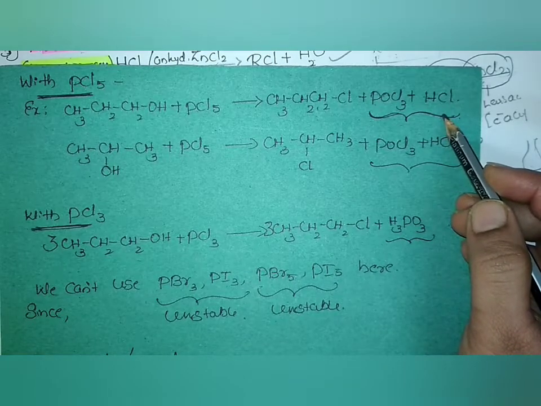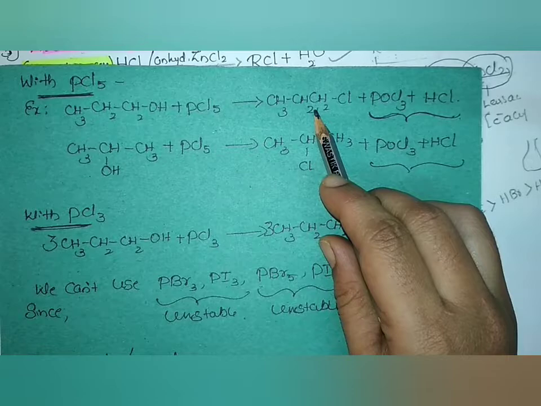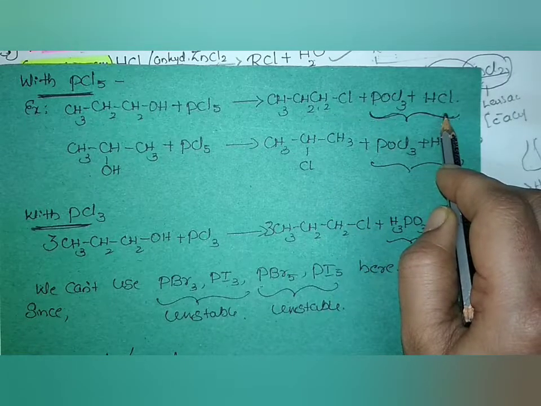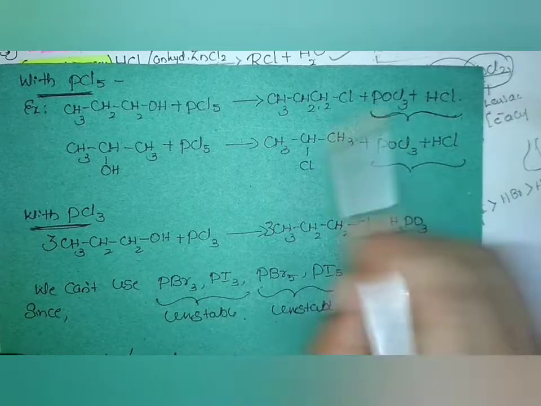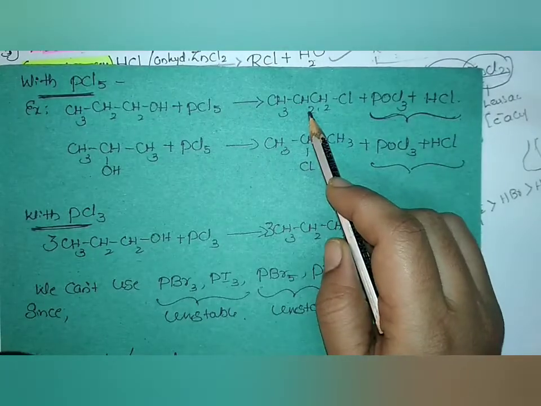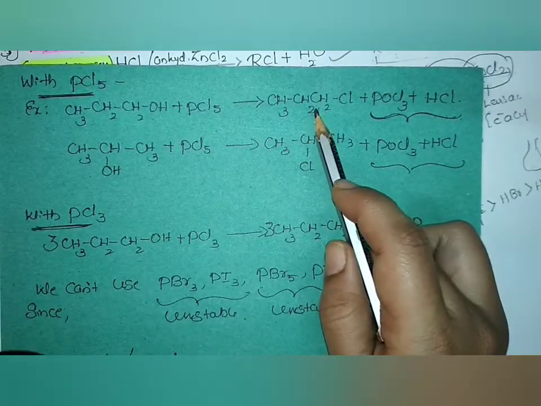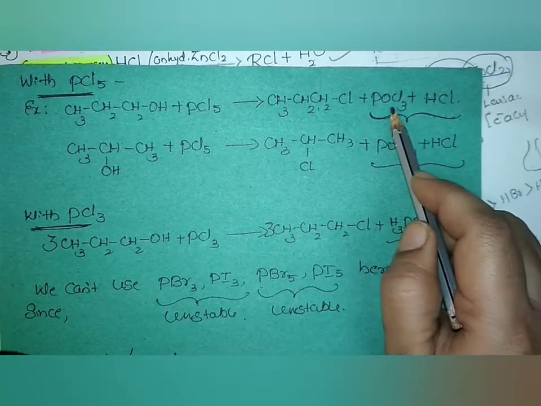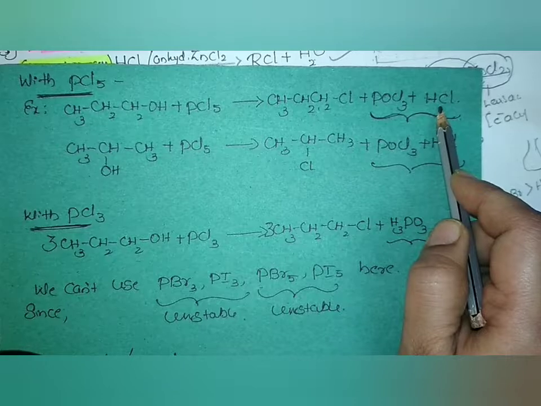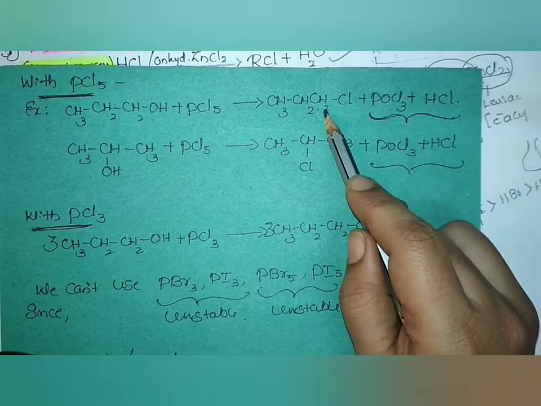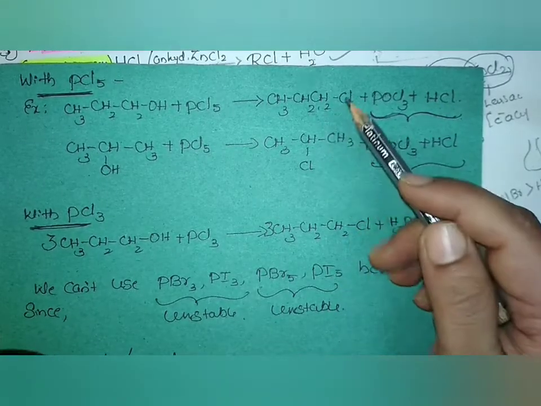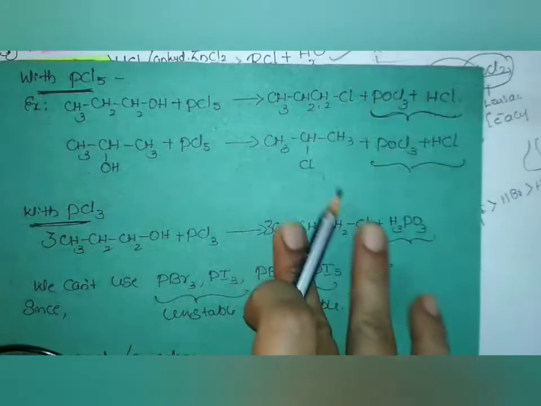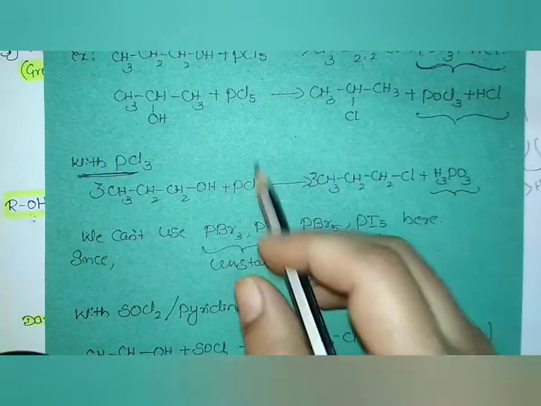Along with the required product, we are getting 2 byproducts. So to get this pure propyl chloride, I need to separate these two, where liquid is present here and gas is present here. I need to take multiple steps to get pure propyl chloride. I'll explain that in the next part.